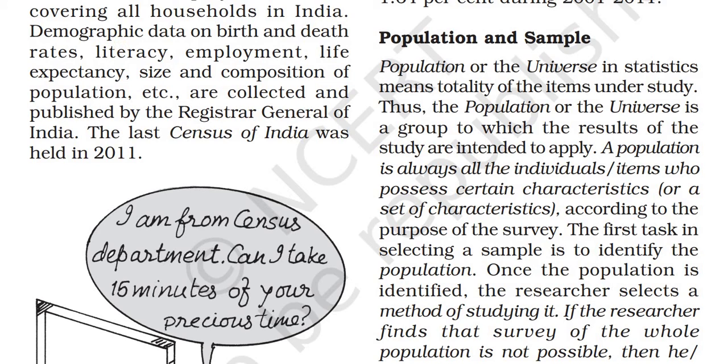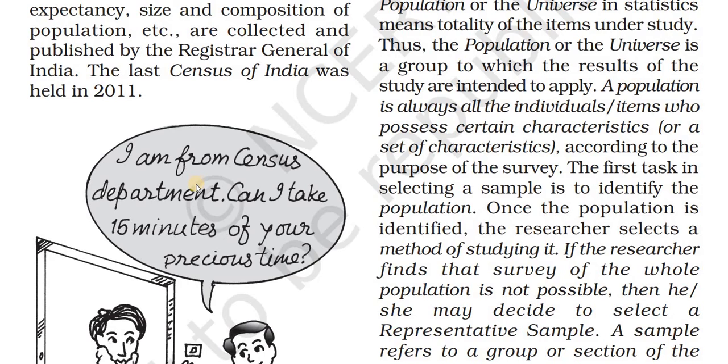In last class we studied about population and sample. A population is always all the individuals or items who possess certain characteristics according to the purpose of the survey. Population means we will include all the items, but in the case of a sample, the researcher will find some sample.